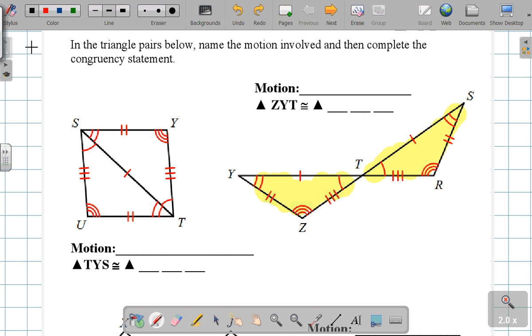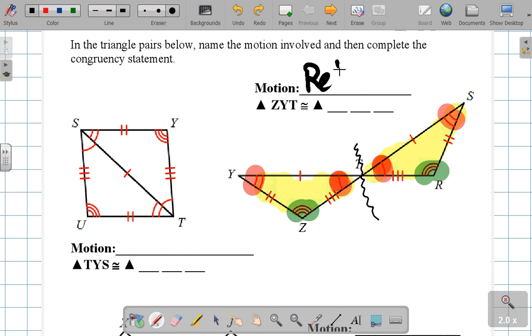And imagine if that was a Valentine and you can fold it. Do you see how double sweep matches with double sweep? Single with single, triple with triple. If you can fold the image and everything matches up, we call that reflection.